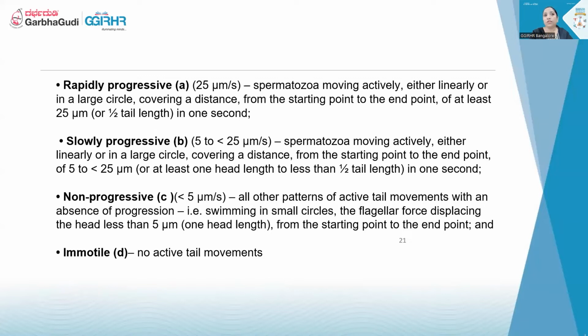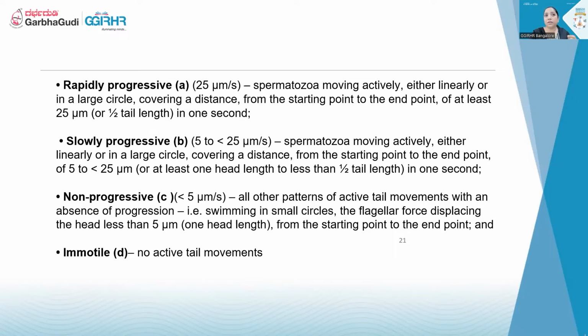Coming to the definition of slow progressive, these are sperms which are moving actively, but in little smaller circles, and the speed they move with is less than 25 micrometers per second. That will give you an idea how many rapidly progressive and slow progressive sperms there are.